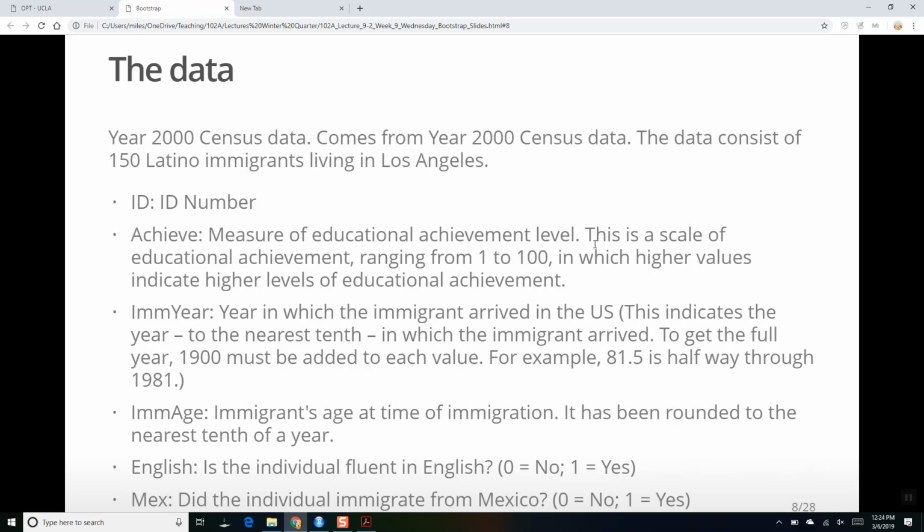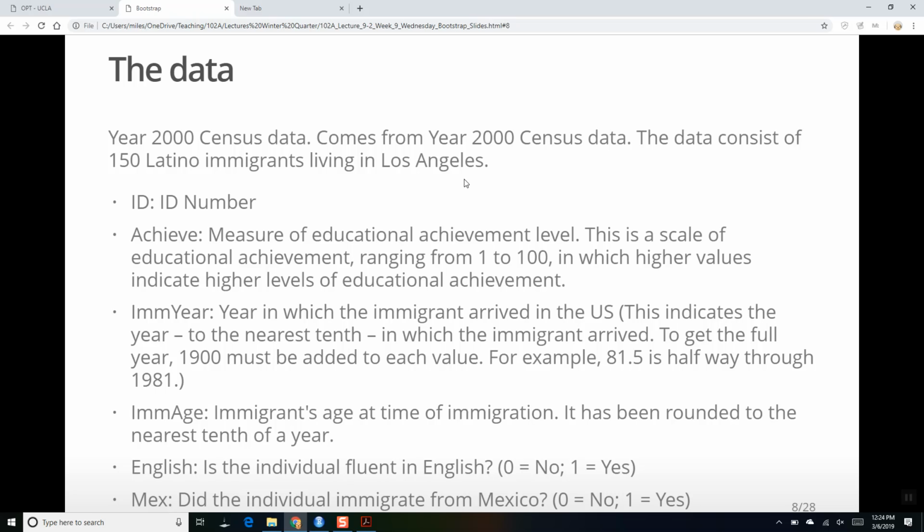The data has these, what do you call it, variables. And so we have the ID number of the person. Apparently, we're only looking at 150 people in this data set, which is a little bit smaller than what I would like.